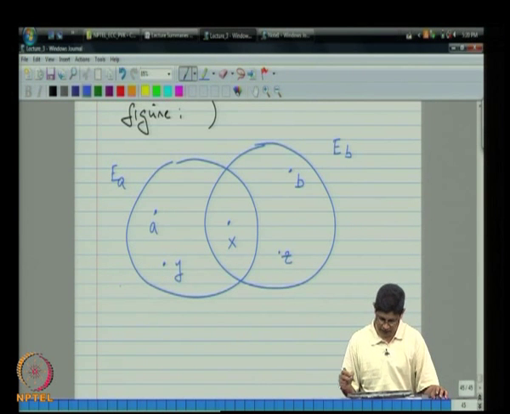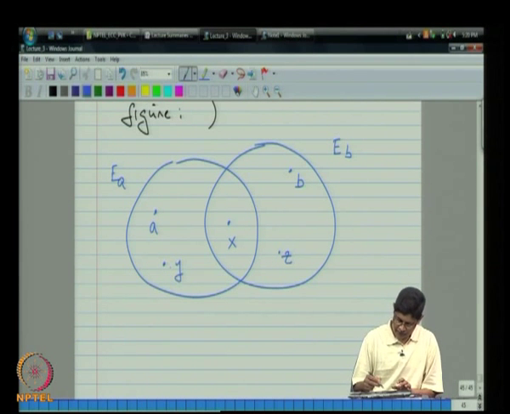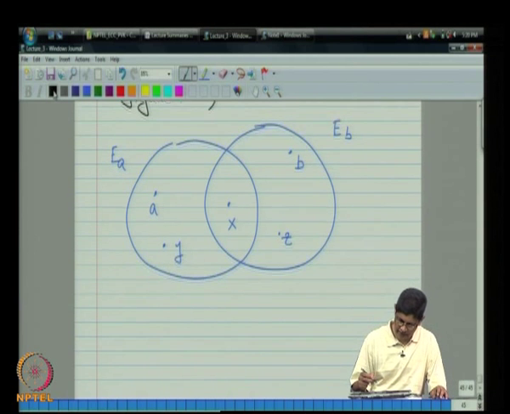Actually I guess I do not really need the presence of two elements here, just one will do. Supposing there is an element Y which does not belong to their intersection.